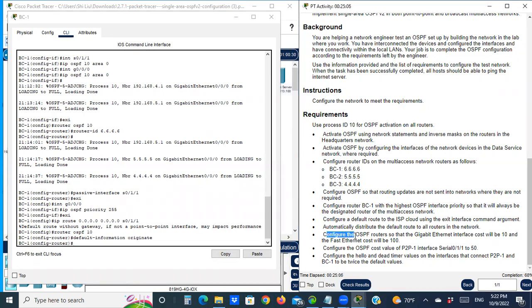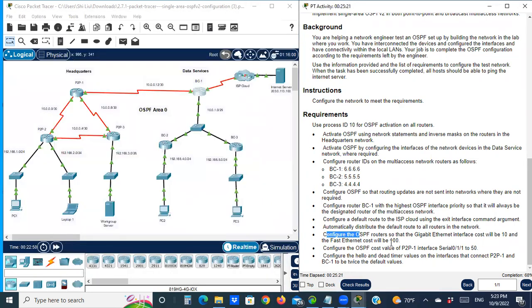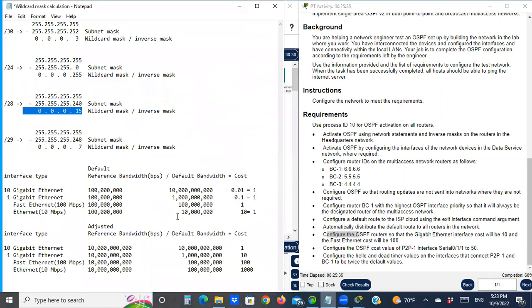All right. So next is configure the OSPF routers so that the gigabit Ethernet interface cost will be 10 and the fast Ethernet cost will be 100. All right. This question is regarding the interface cost calculation. Before answering this question, let's do some calculation of the cost.